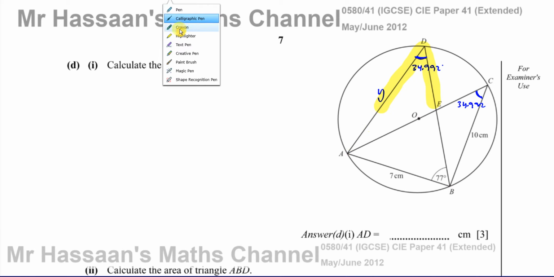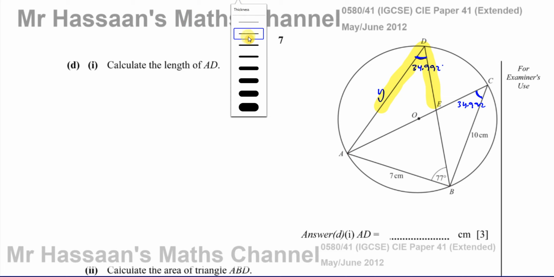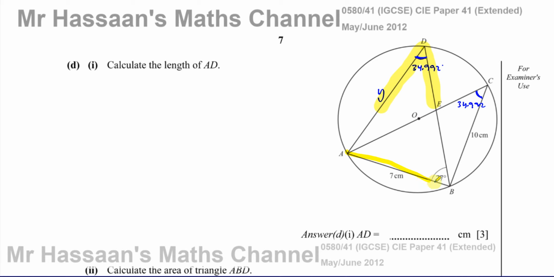I'm talking about a different triangle, this triangle here, ABD. Now in this triangle, what do I have? I have these two angles. I have this side and I want to find that side.